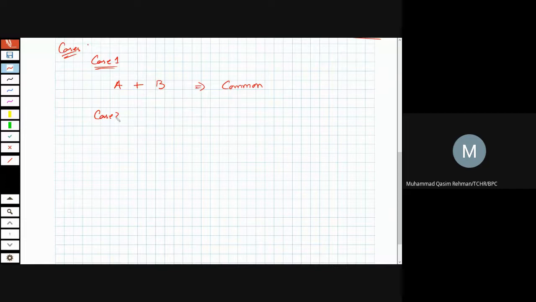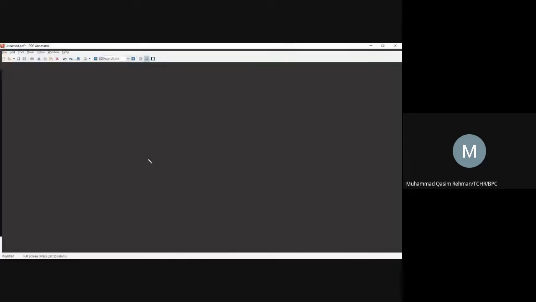Okay, now case two, if you have two terms again and you have a minus sign between them. Now the first priority would be to check if you can write down each term as a square of something. If you are able to do that, then recall the third identity.